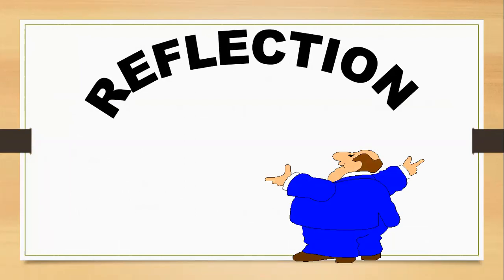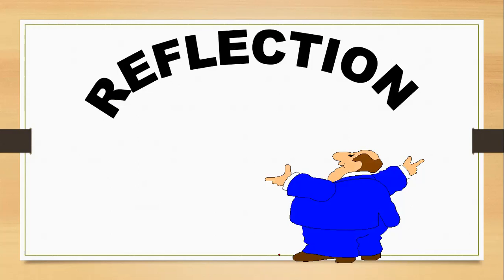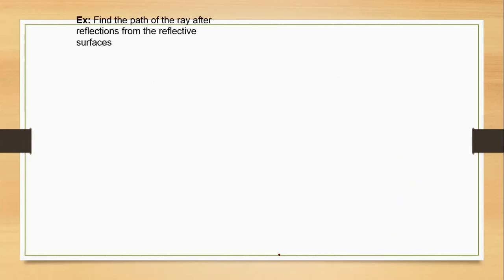Reflection means that when you send light to a surface, if the light bounces back, this is called reflection. The light is going to bounce back. It is not going to pass through the material or medium. Let me give you an example. Let's say you send a light ray with a 45-degree incident angle to the mirror.